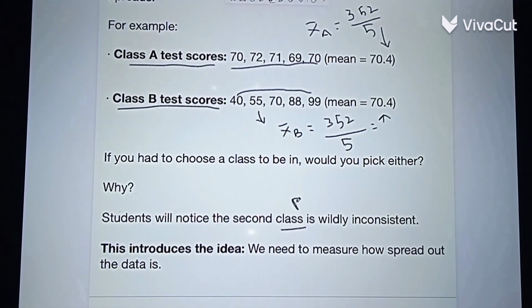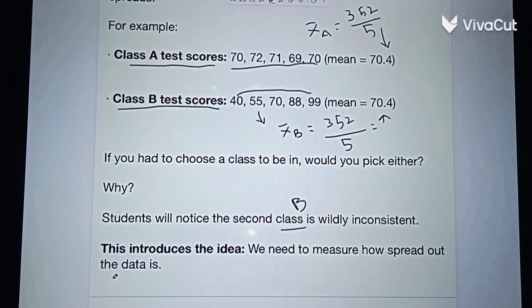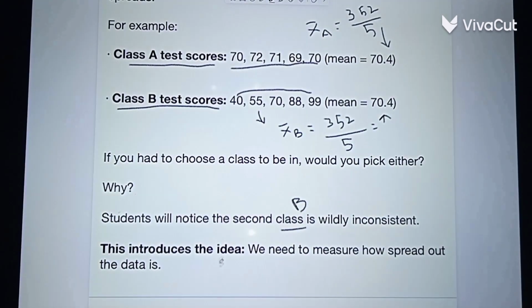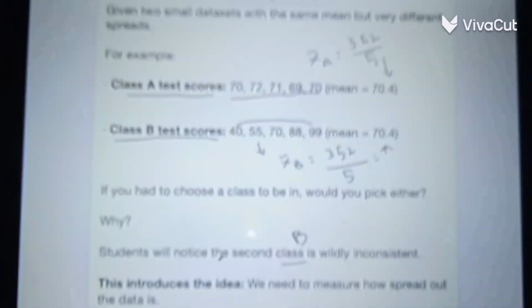So measures of dispersion are used to calculate the consistency, reliability and stability of our data.